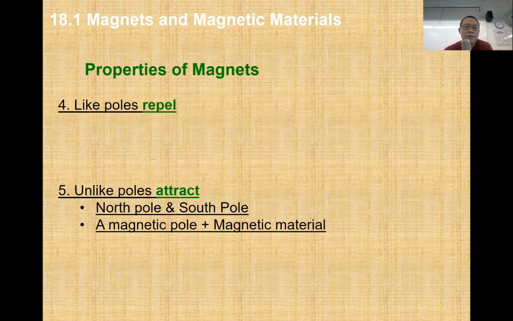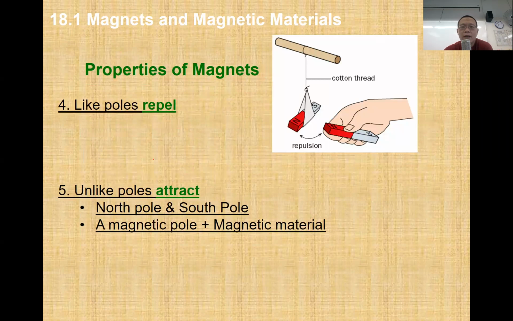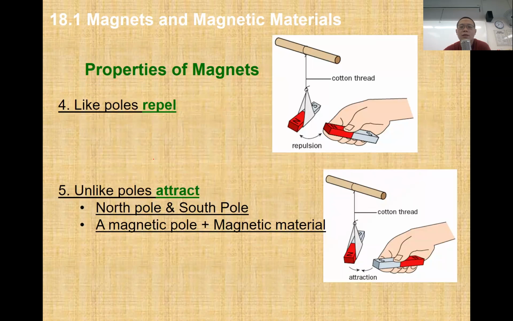Now, properties of magnets. Like what you did in your primary school, a magnet actually does 2 things. It does attract or does repel. And here we have to take note that at Sec 4, when we talk about keywords, when the objects start to repel or start to attract, we have to state the reason.